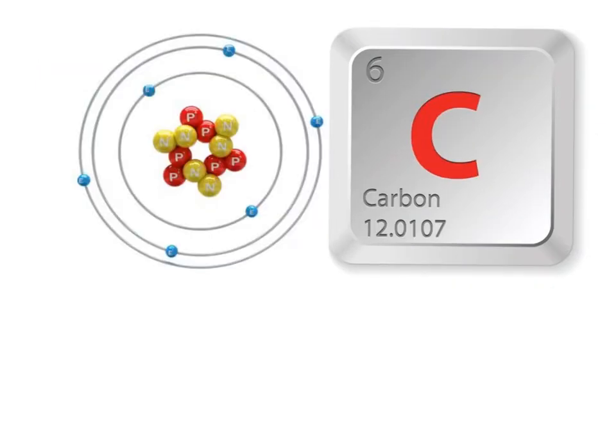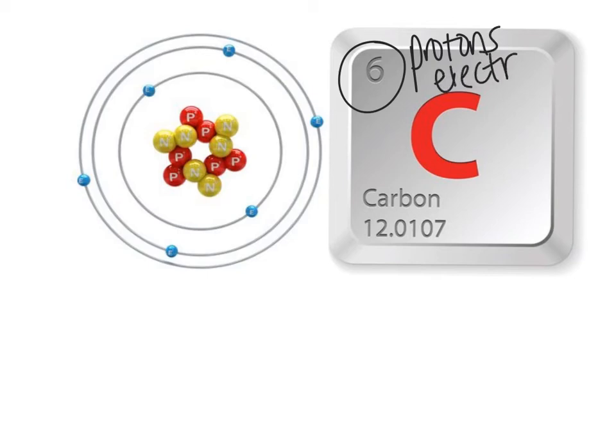Let's try that again. So here is carbon. This is the protons. This is also the electrons. Here is the mass number of one atom of carbon. They hardly are ever found with just one atom. They're almost always bonded with one other thing. Okay, so we take 12.